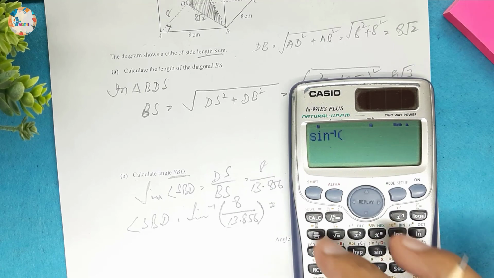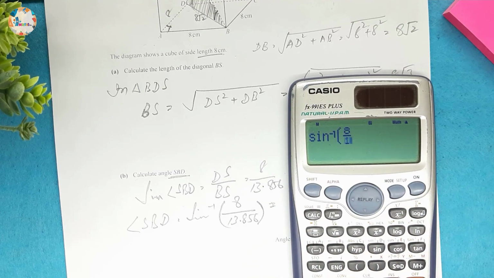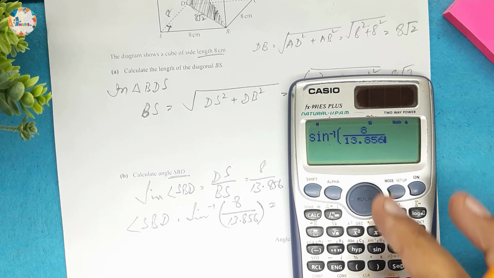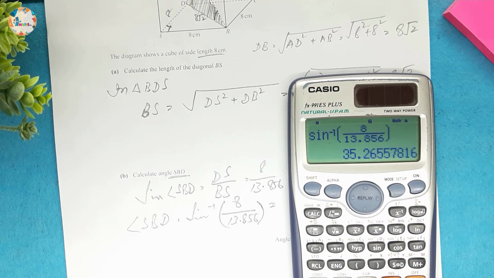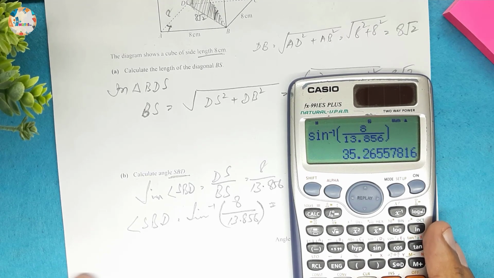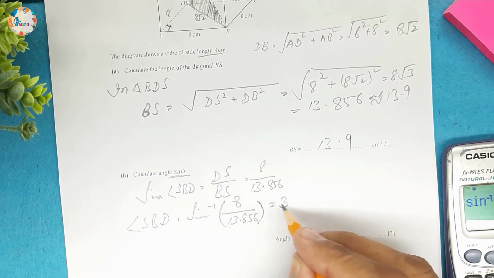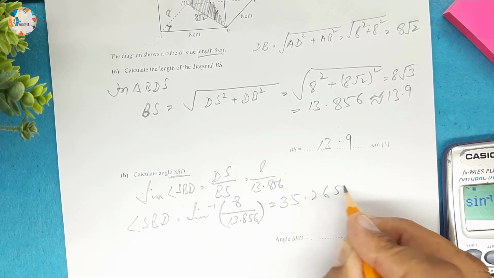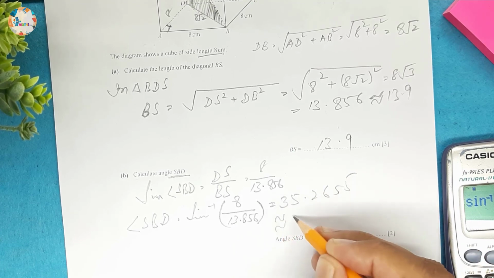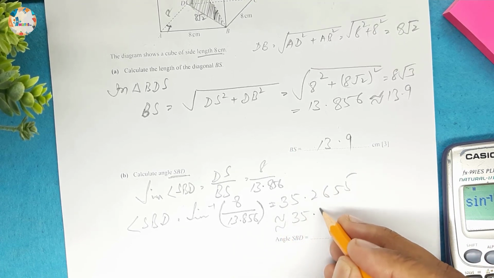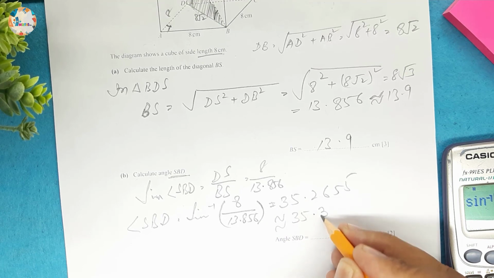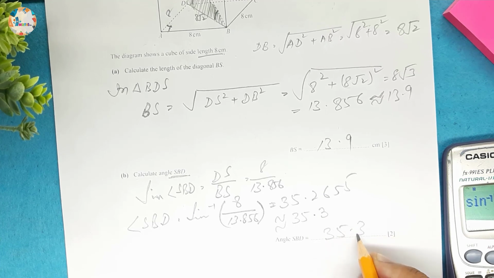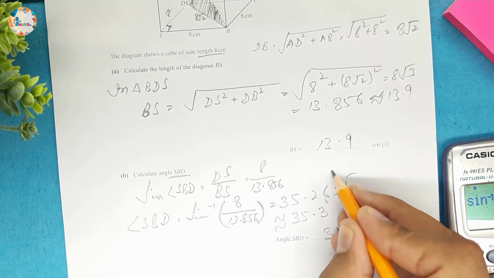Sine inverse of the fraction 8 over 13.856 is equal to 35.2655, so approximately we can write 35.3. So 35.3 degrees will be our answer.